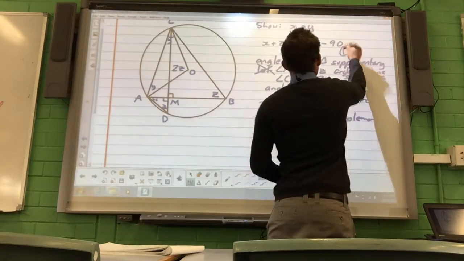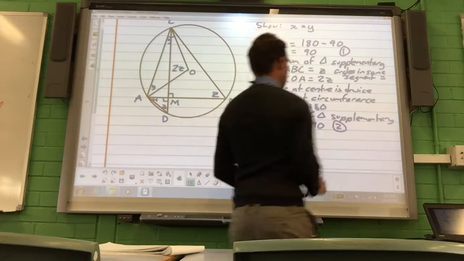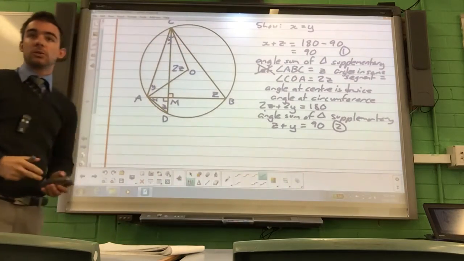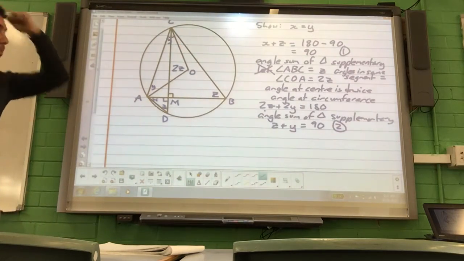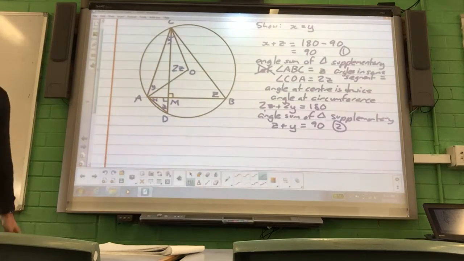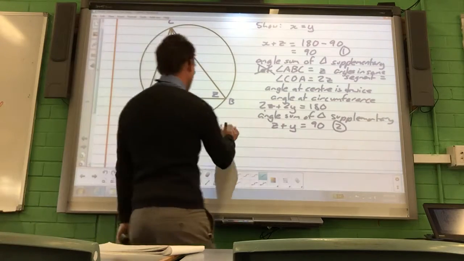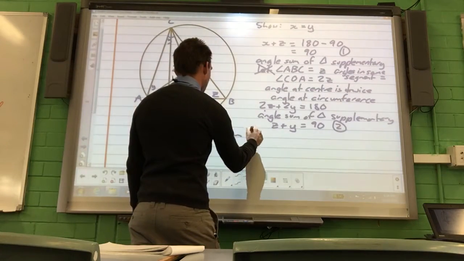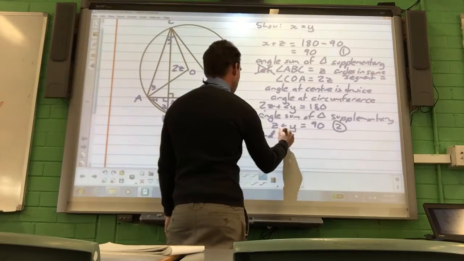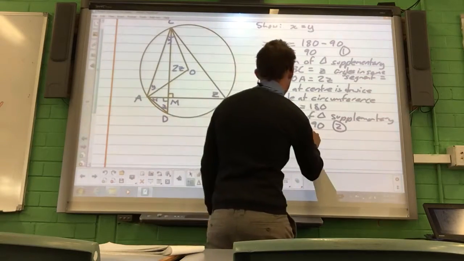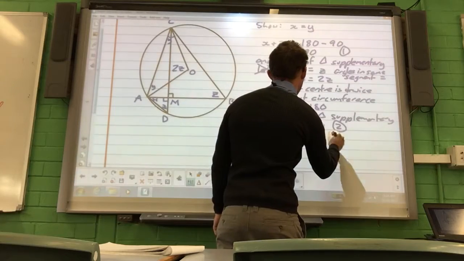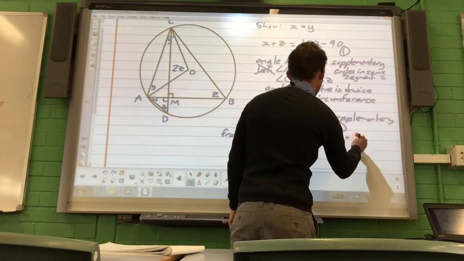Go back up the top, equation 1, equation 2, and they're both equal to the same number. So both x plus z and z plus y equal 90. So from 1 and 2, we have x plus z is equal to z plus y.